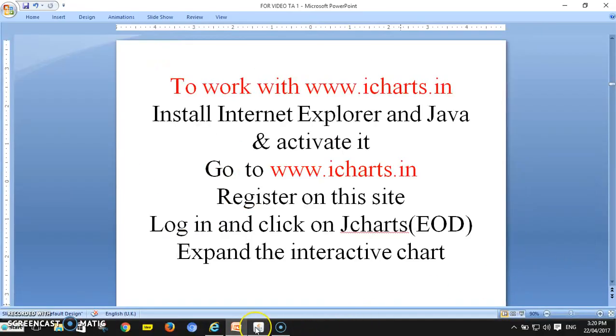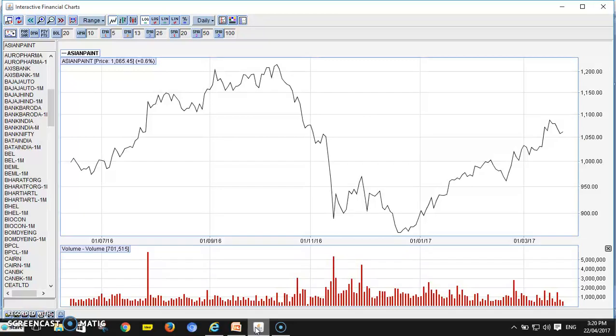After logging in, you can open the interactive window of these financial charts by clicking on JCharts EOD and then expand the window and try to draw the trend lines. Here you can see the interactive window of financial charts by icharts.in.